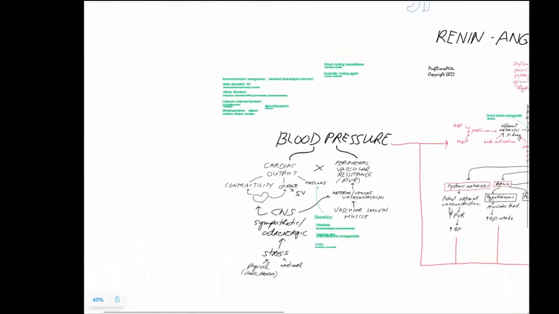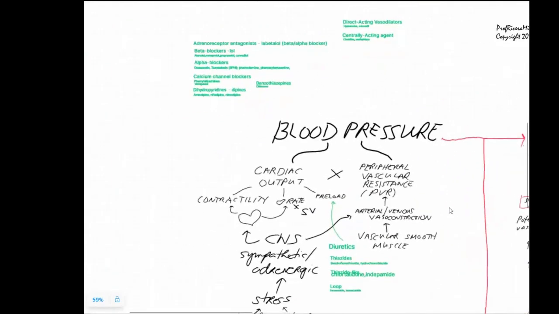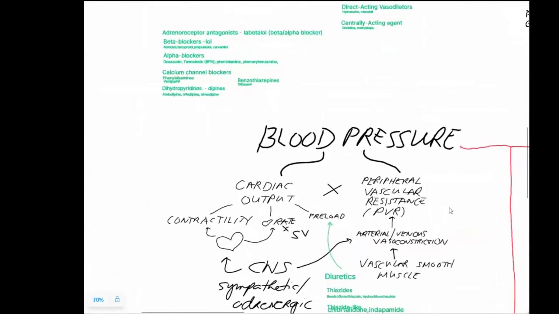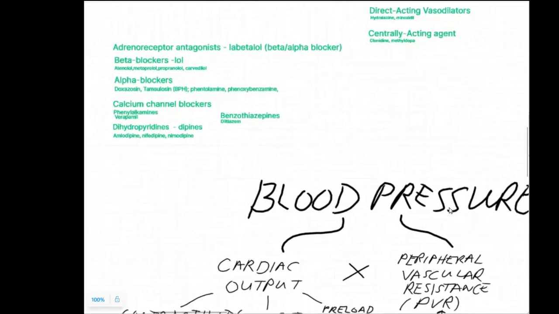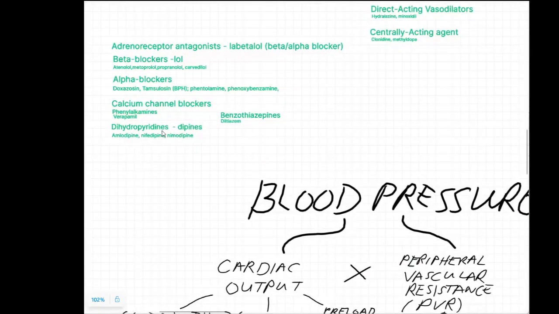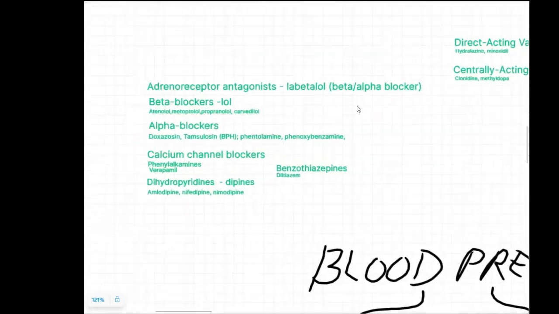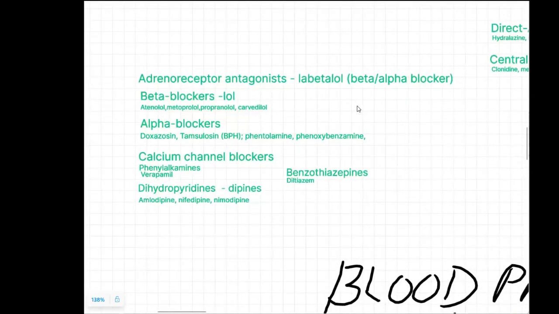Now, the other medications that we have here are the adrenal receptor antagonists. Adrenal receptor, which is your adrenal gland, and adrenaline, is synonymous with your sympathetic, adrenergic, sympathetic nervous system.